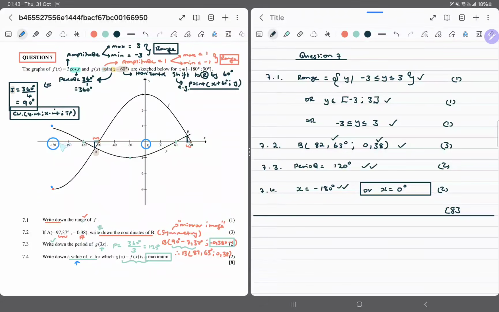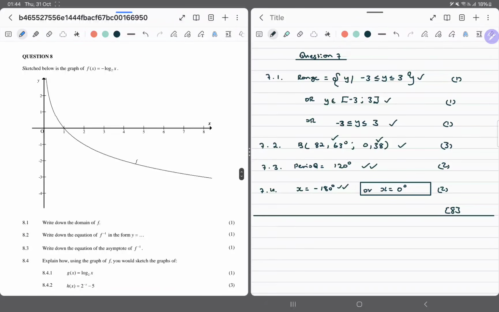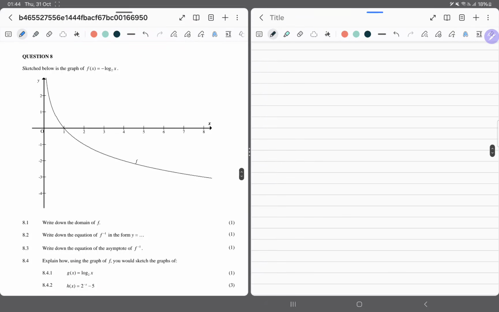If this is the first time you see this, it would be nice to understand at least, because you might find that this was your weak point. Then you go and get it right, get those extra marks, and get to that decent mark you are looking for. Okay, let's get to question 8 quickly.